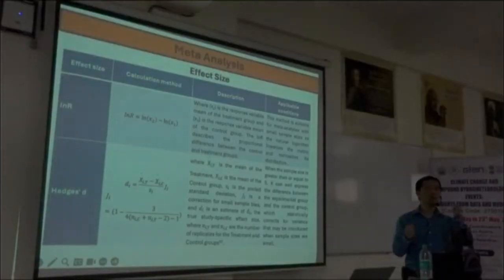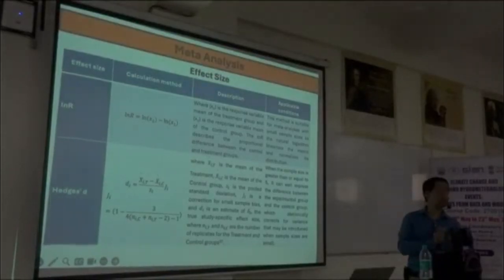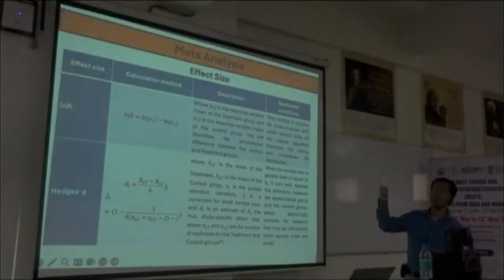So you have to be able to identify one treatment, one control, and then you make the comparison. But how exactly you make the comparison, that is the effect size, right?